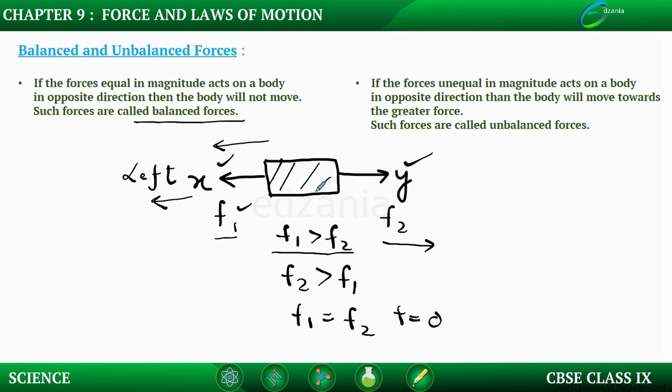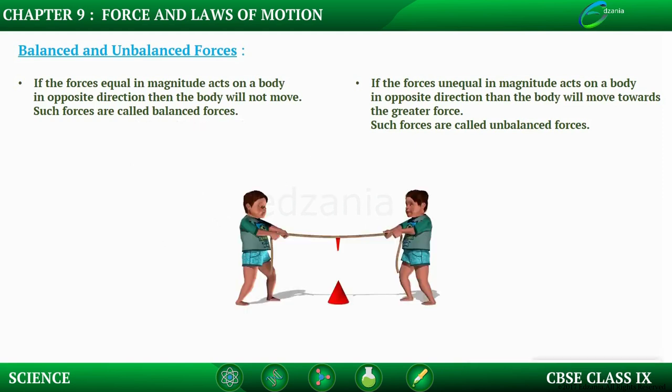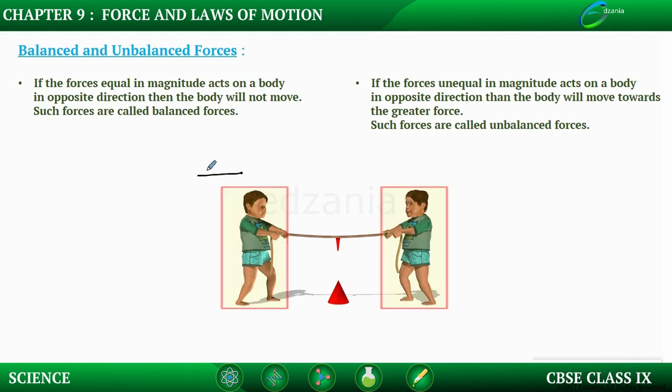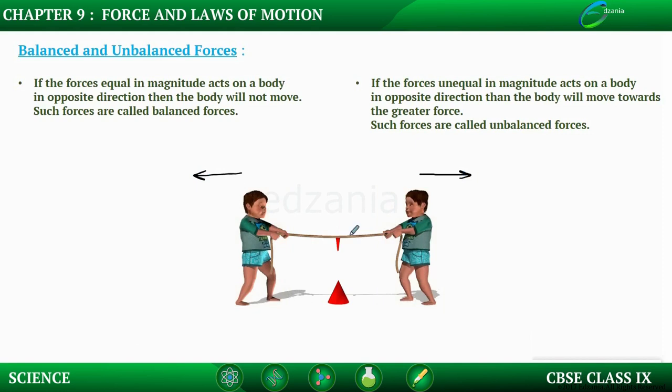Now let us consider a live example of balanced and unbalanced forces. In this example of tug of war, you will see that when the forces applied by these two people are equal and opposite, the rope will remain at the center. However, when the force applied by one of them becomes greater, then the other person will move towards the one who has applied the greater force. Let us see.